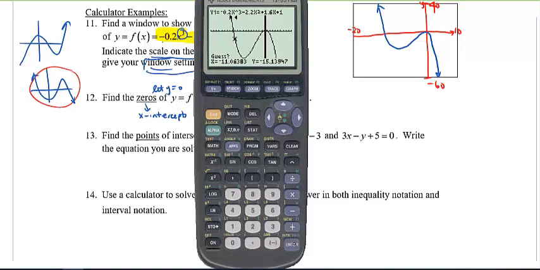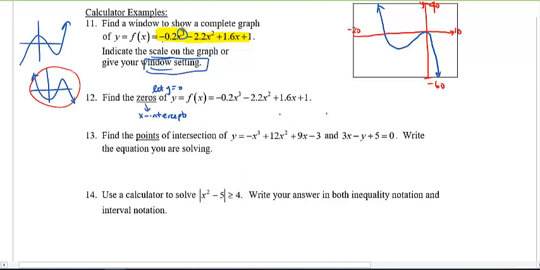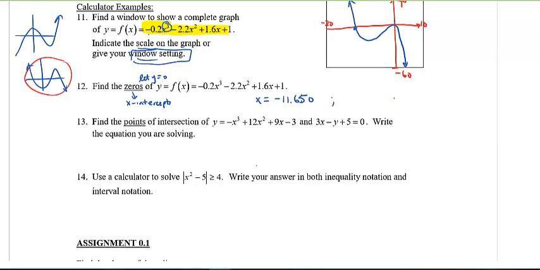Give me a guess. I'll just press enter, let the calculator do its work, and done. Negative 11.64986. Now, for AP Calculus, get used to giving me 3 decimal places. So I'm going to say negative 11.650. That's one of my answers.